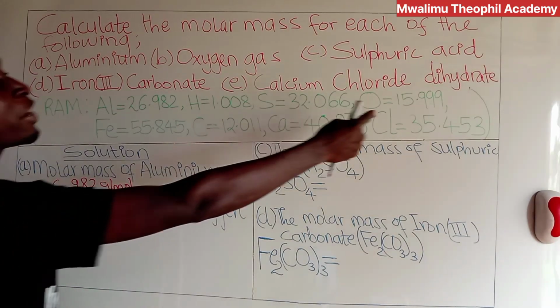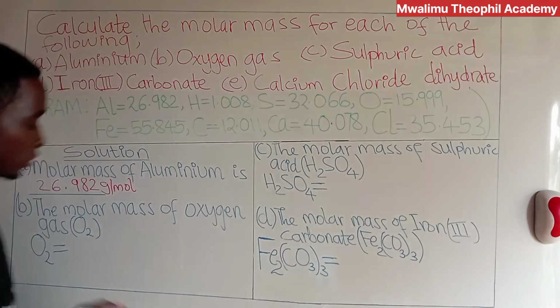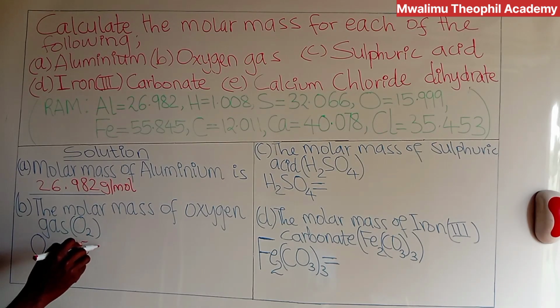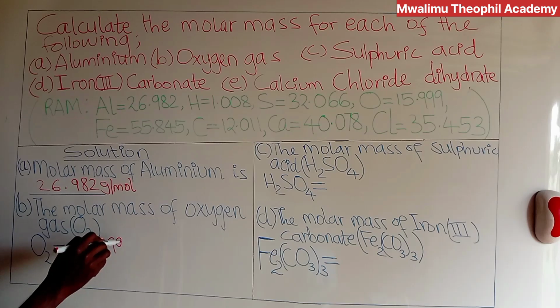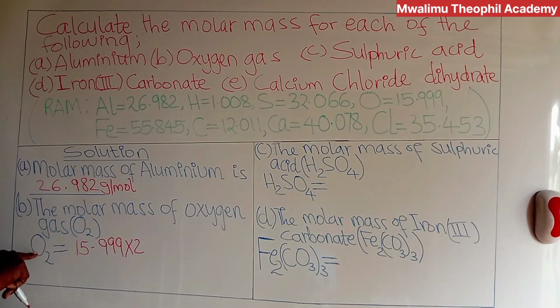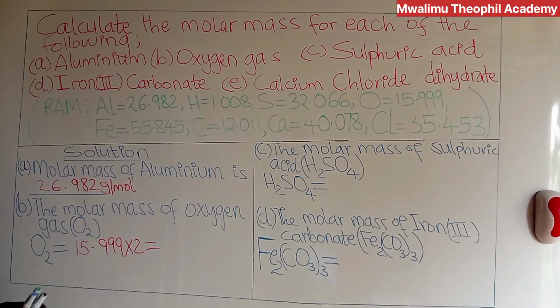Now, the mass of 1 oxygen atom is given as 15.999. So, we take 15.999, 1 oxygen atom, times 2 because there are 2 oxygen atoms, whereby we get, let us compute this.